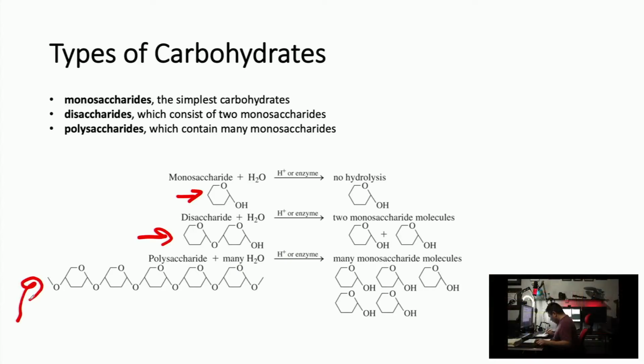Once you get down to the monosaccharide, you can't break down the sugar into any more monosaccharides. But as you can see, going upwards here, a polysaccharide can be broken down into many sugars, and a disaccharide is broken down into a single carbohydrate or a monosaccharide, right? And this happens through a process known as hydrolysis. It uses an enzyme in an acidic solution, right?